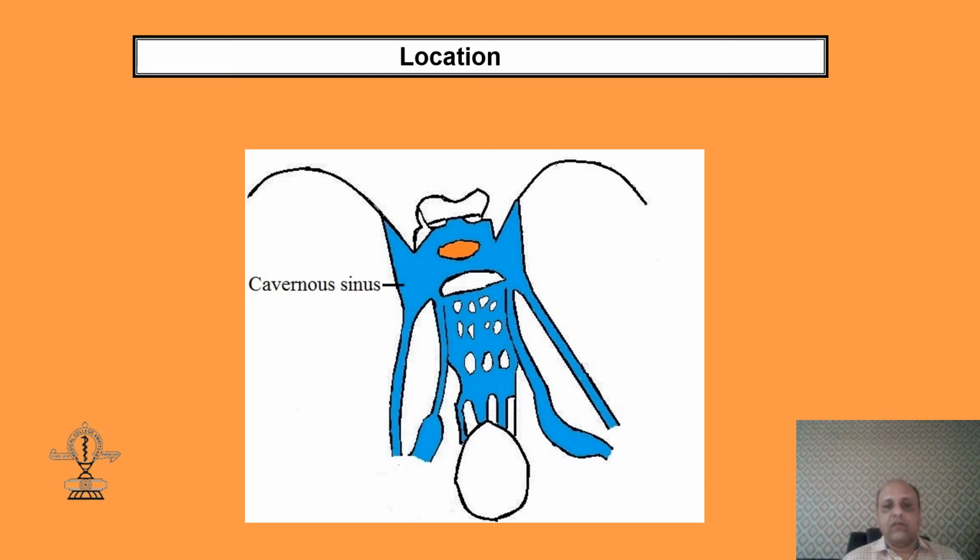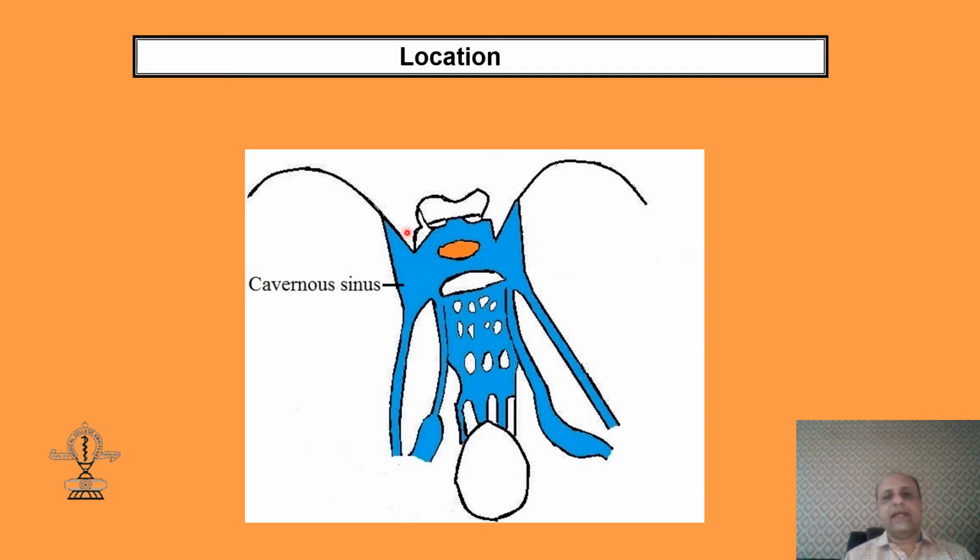So let us do the location in detail once again. It is situated on either side of body of sphenoid bone. This is the location of cavernous sinus of one side, while this is the cavernous sinus of the other side. As I said, it is a large venous space.